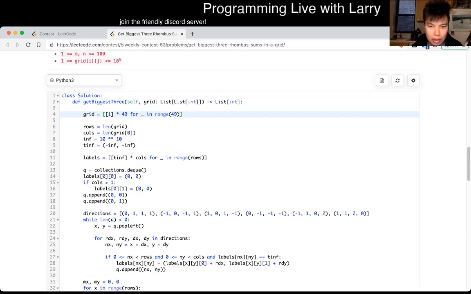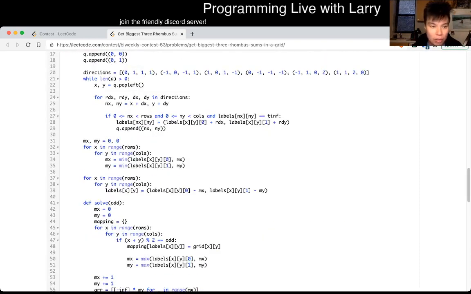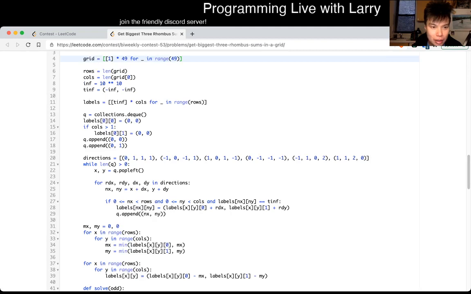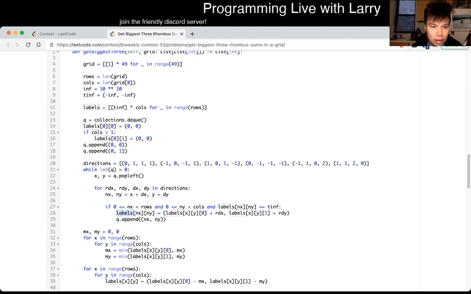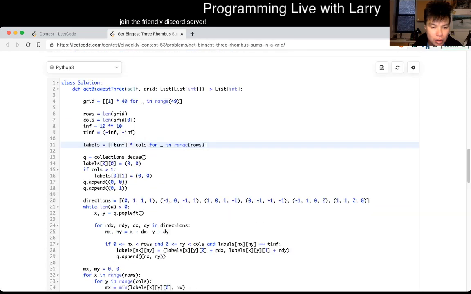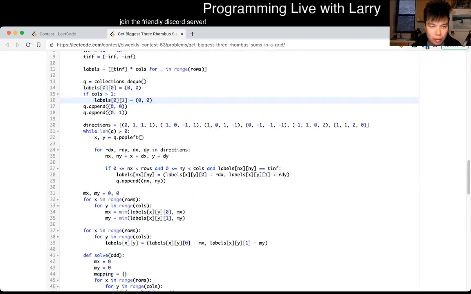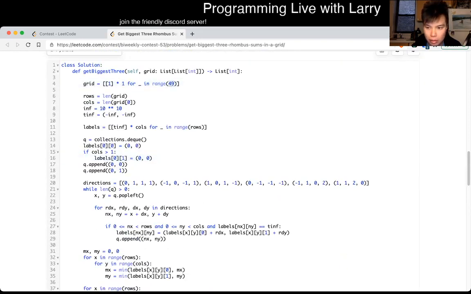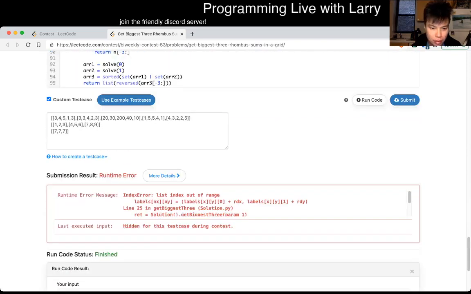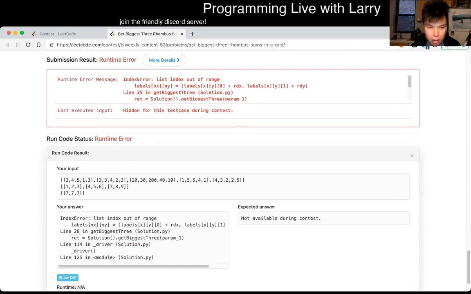I mean, it's auto even, so why, how? Come on, friends. Labels times columns. XY. Okay, there we go. Huh.